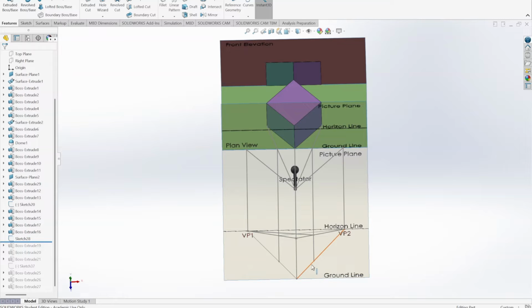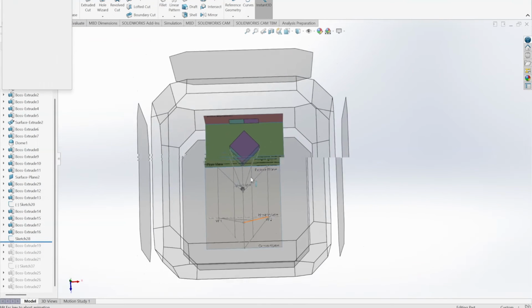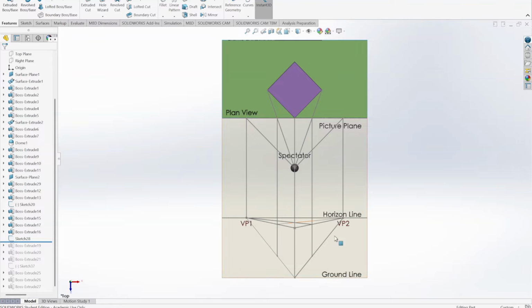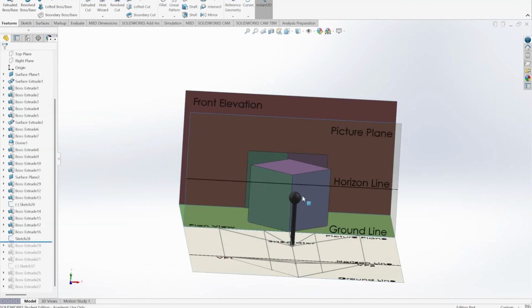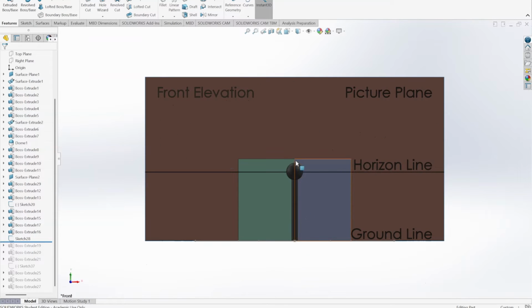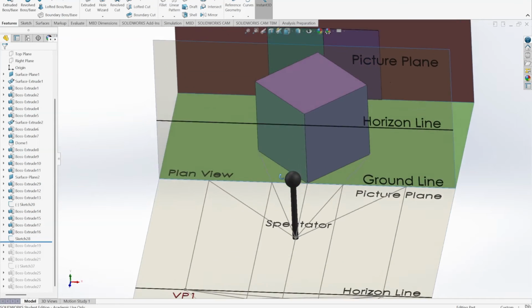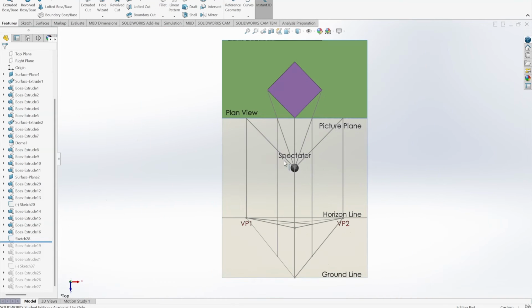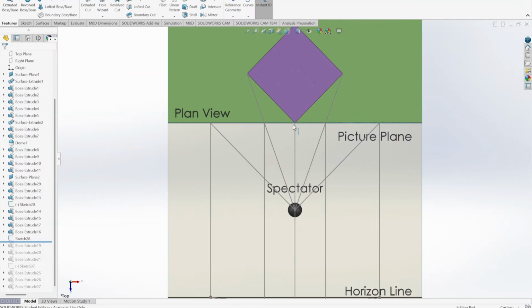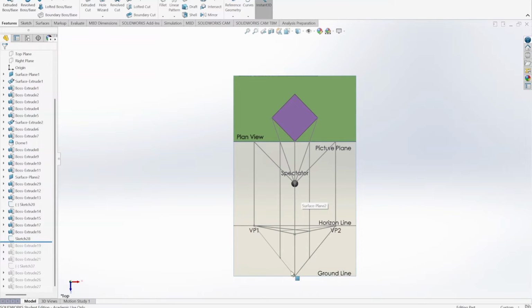If we look at the perspective drawing here, looking straight down, this distance from here to here is the exact same distance from here to here, because this point lands on our picture plane, so that is going to be our true height.